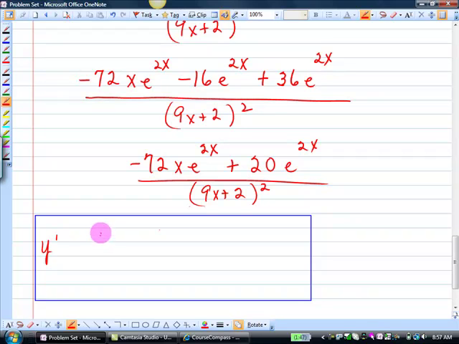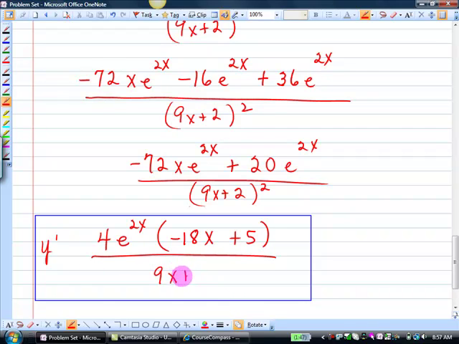So we know we could take out a 4. What else is common here? Okay, so if I took out 4e to the 2x, then I'm left with negative 18x plus 5 over this. And that's the answer.